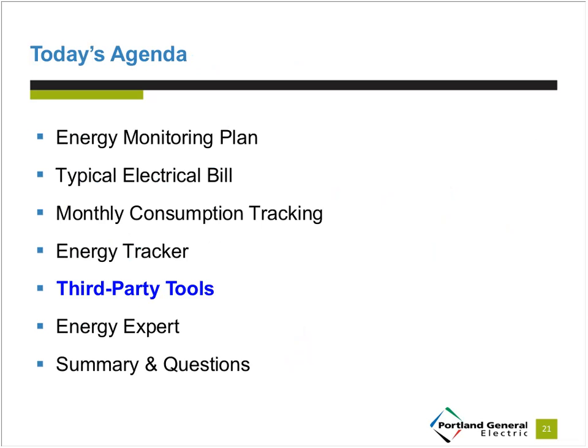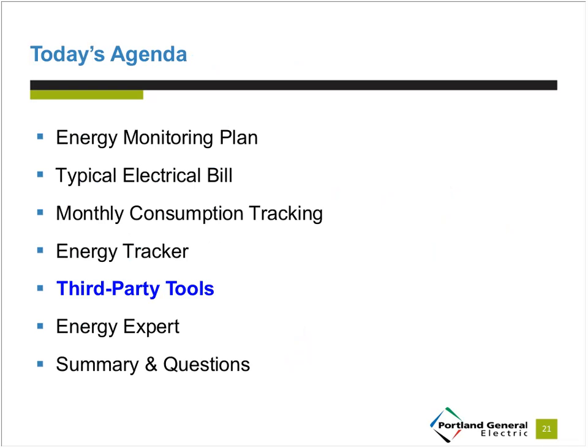Okay, moving on. The next thing we're going to talk about very briefly is third-party tools. We've talked about how you can just use your billing information and create your own little spreadsheet. We've talked about Energy Tracker and how you can download the information or use that information to input it into your spreadsheet and to view your usage.